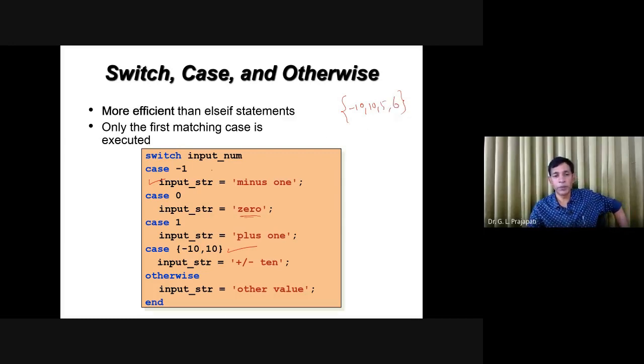So if input num has value -10, or 10, or 5, or 6, then you want to do this particular thing. So if you want more than one value, then you can put them in the block, and curly braces are used for the block. So if input number, meaning this variable value, is -10 or 10, then you are going to assign +-10 in the input string.